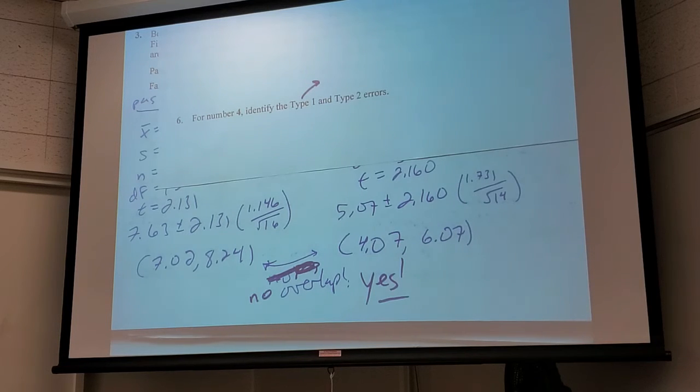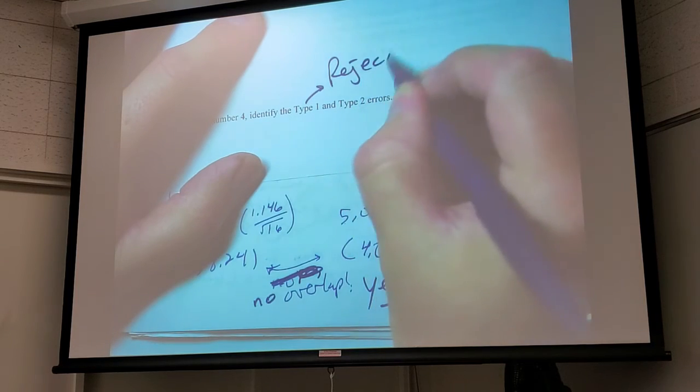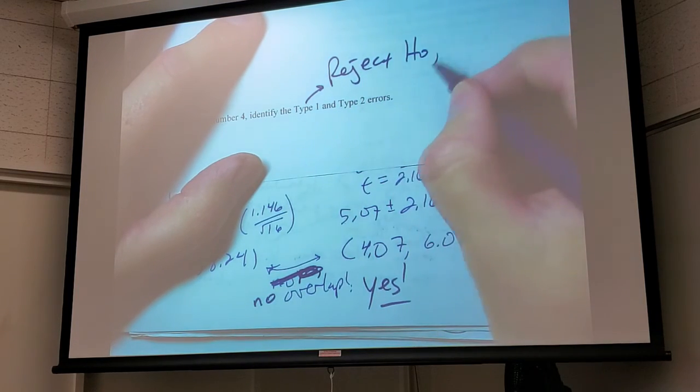So in a court case, even if they find enough evidence to say they're guilty, is there a chance they aren't guilty? Of course there is. So they would have made a type 1 error. They rejected that this person was innocent, when in reality they were innocent.